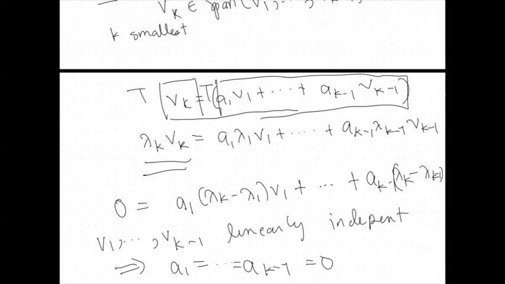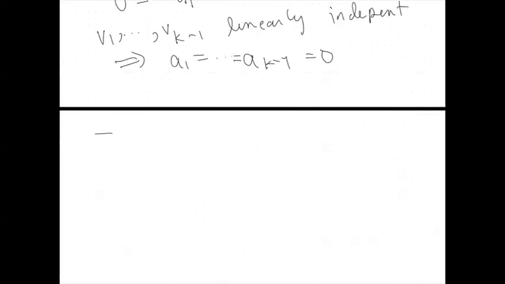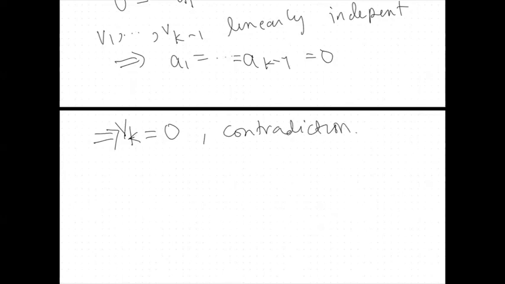However, this means that vk is equal to 0, which is a contradiction to the hypothesis. Thus v1 to vm is linearly independent.